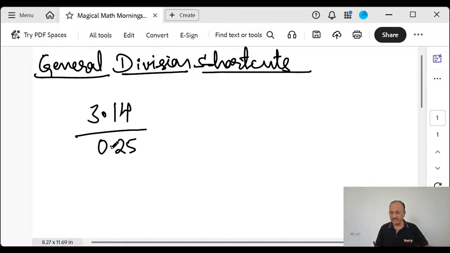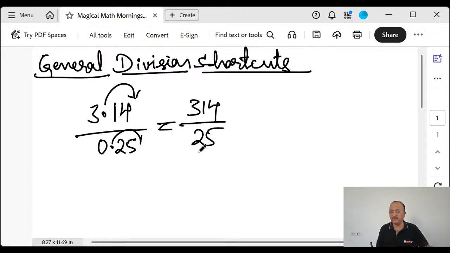How do we do this? 0.25, I want to convert into a whole number first. So what we do, first you shift the denominator decimal place 2 places to the right side. We shift the same in the numerator and we rewrite. It is equal to 314 by 25.